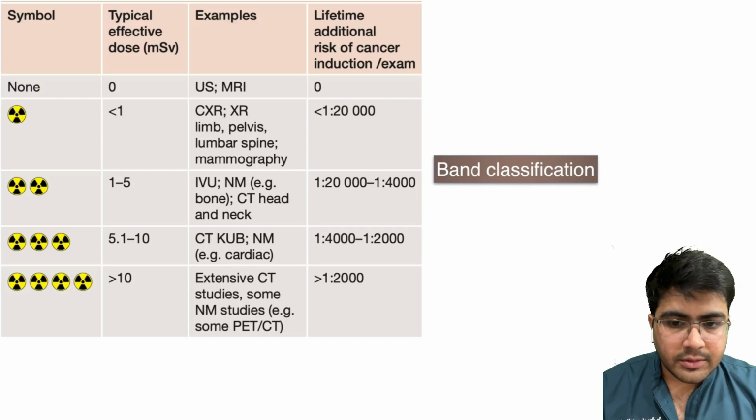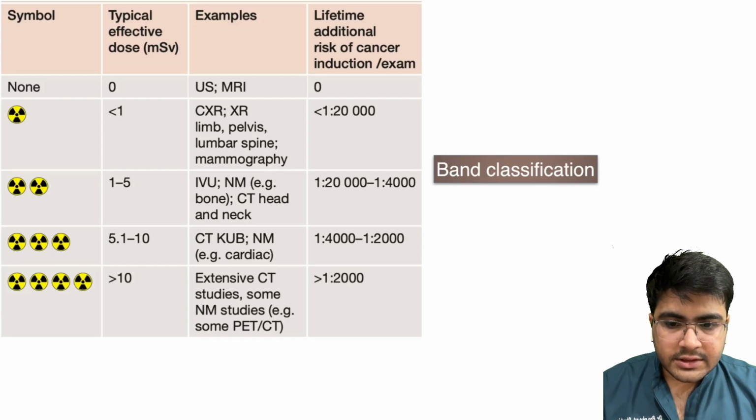So this is known as a band classification, and it depicts the lifetime additional risk of cancer induction per examination. As you can see, there is no additional risk with ultrasound and MRI.